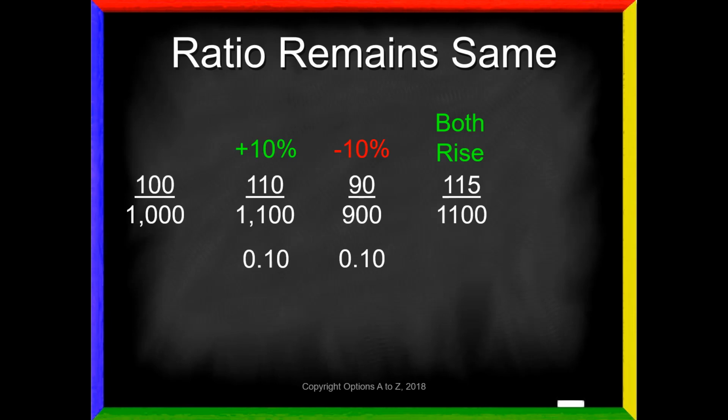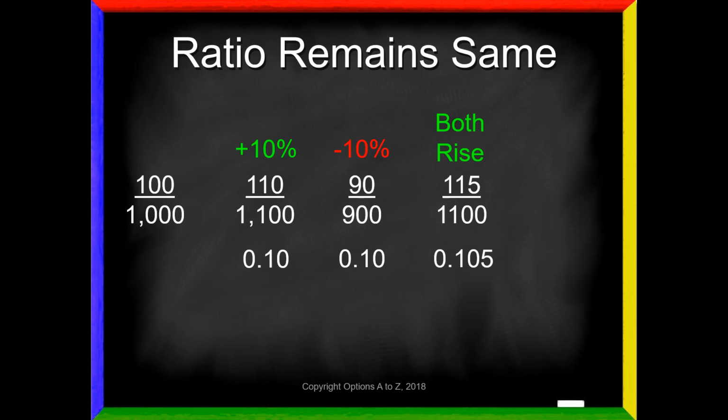Now 115 divided by 1,100 is about 10.5%, or 0.105. Notice that my indicator has risen from 0.1 to 0.105. Why? Because my stock outperformed the index. That's not saying the index went down. It's just saying my stock performed better than the index. That's when we will see the indicator rise.